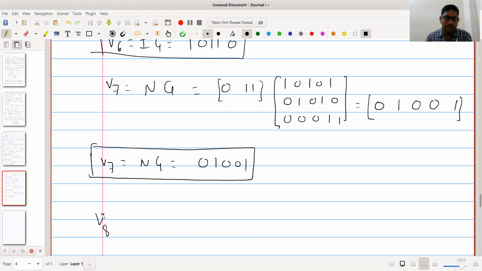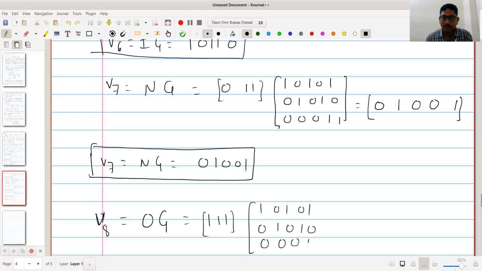So small v is not a vector. You are writing small v for the encoding of O with respect to generator matrix G. Who is this O? O is 111. And G, I am writing once again, the same generator matrix: 10101, 01010, 00011. So this multiplication gives 1, 1, 1, 1, and 0.